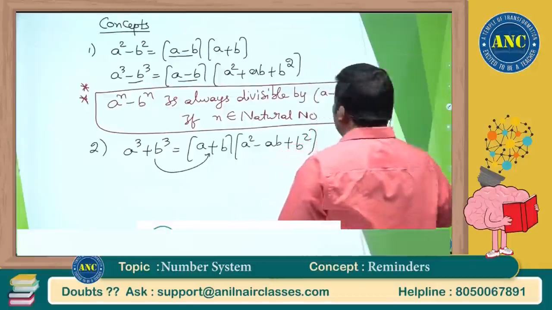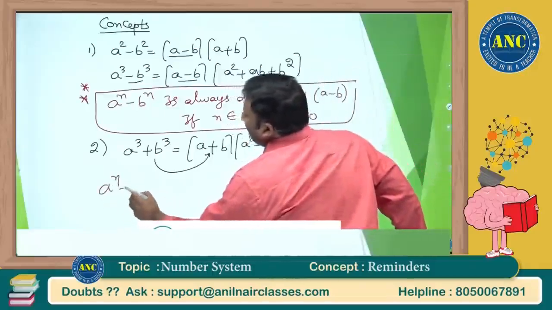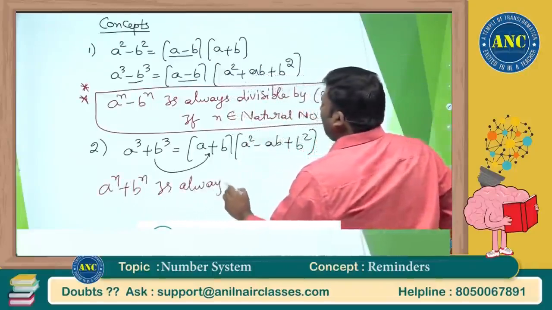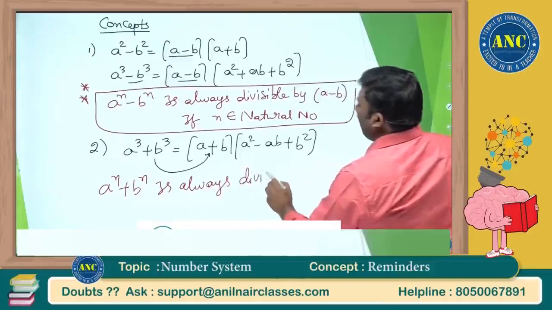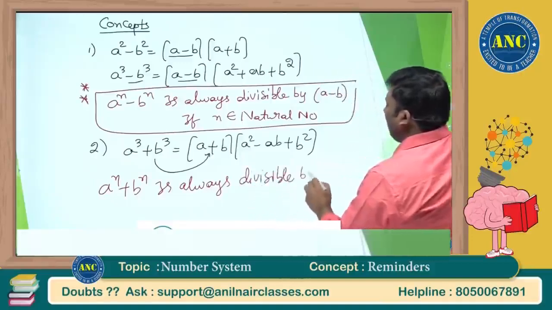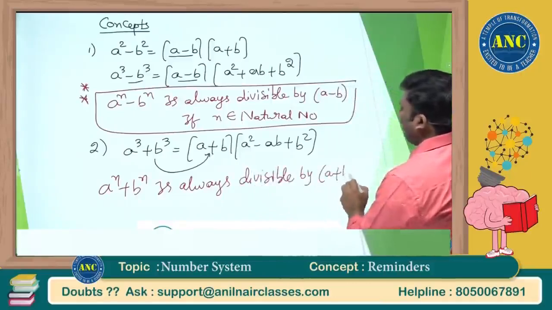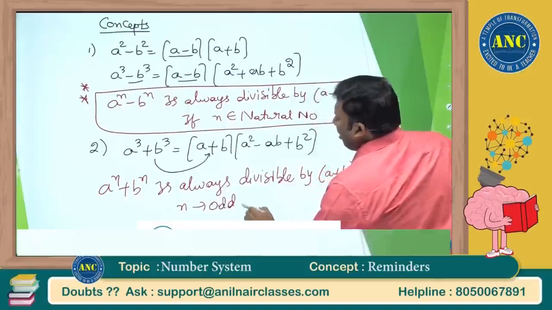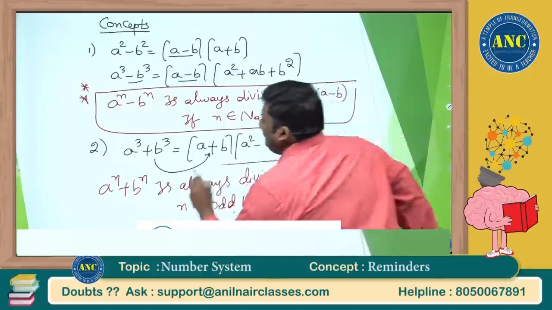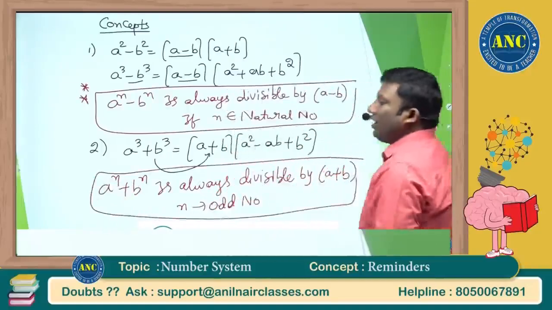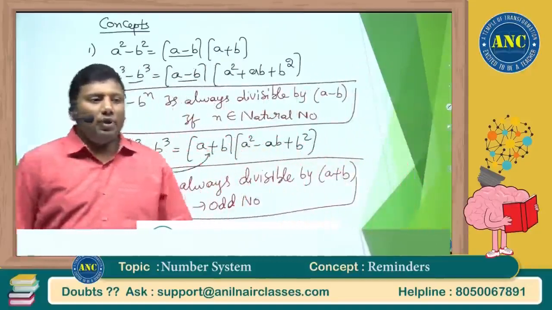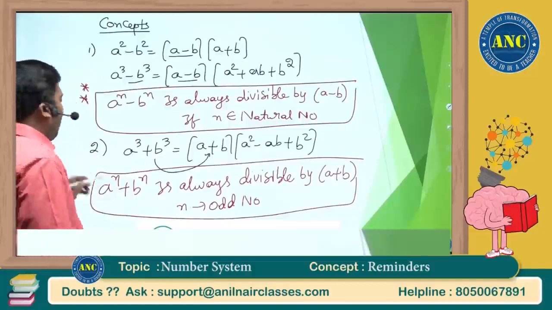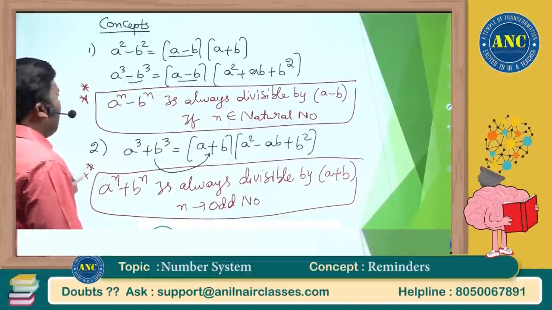Very, very important concept: A power n plus B power n is always divisible by A plus B as long as n is an odd number.